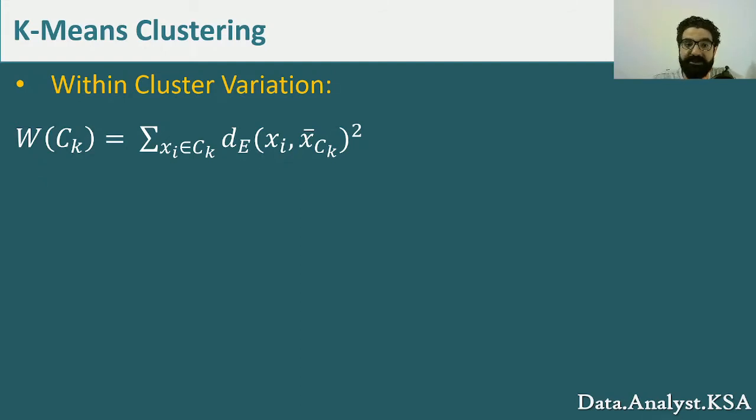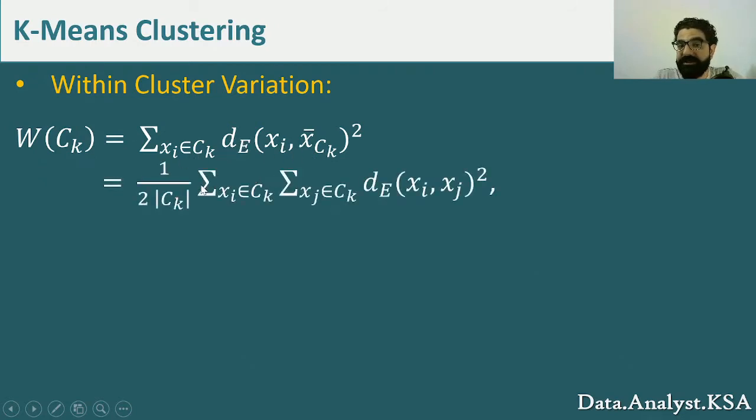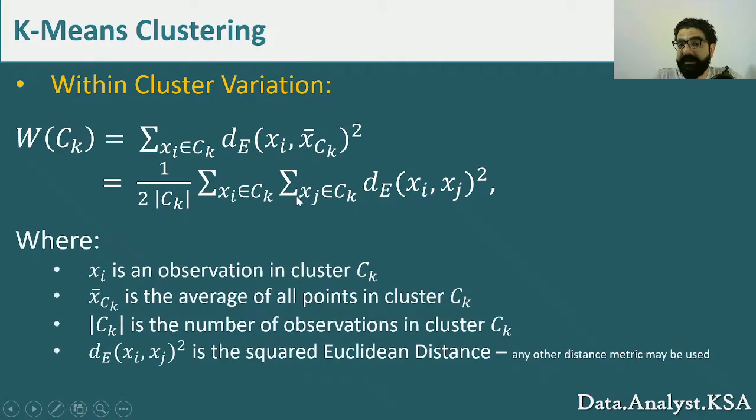Basically, for the within cluster variation, within a cluster C_k, we're summing the squared Euclidean distance of each point in that cluster from the center of the cluster. If we open up this equation, it will come up to be like this. x_i here is the observation in cluster C_k. x bar C_k is the average of all the points in the cluster. Let's say our cluster has 5 points.